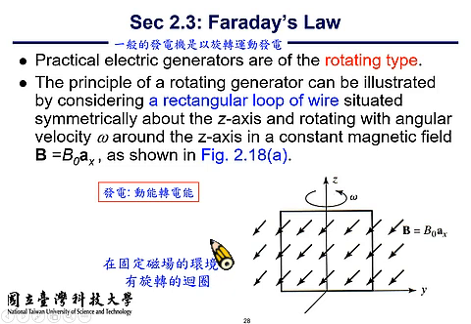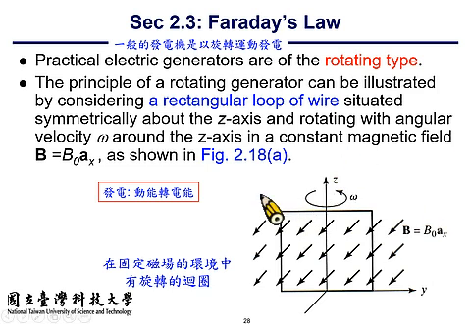So practical electric generators are mostly of the so-called rotating type. So you have an electrical current loop of limited size that rotates in an environment with a background magnetic field.